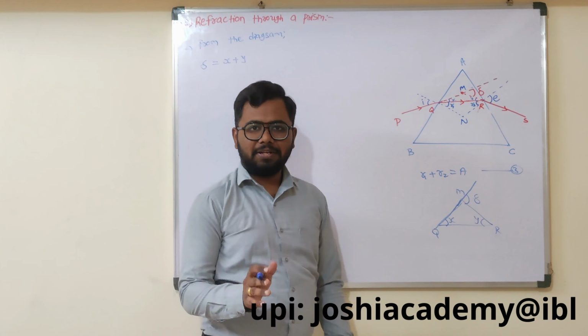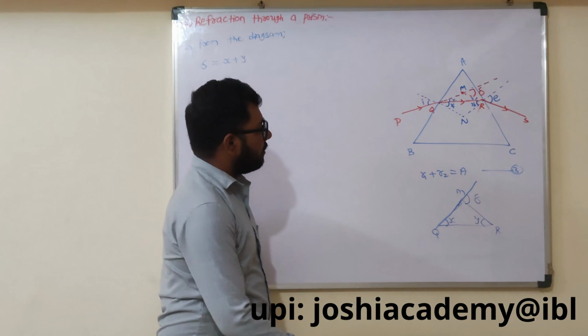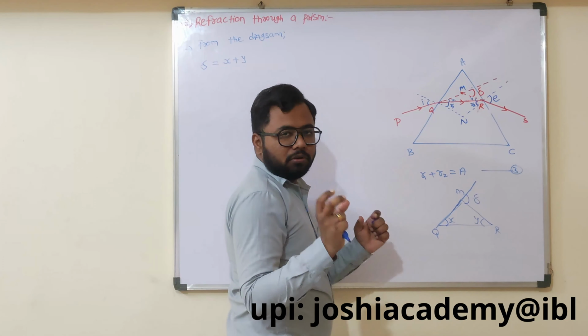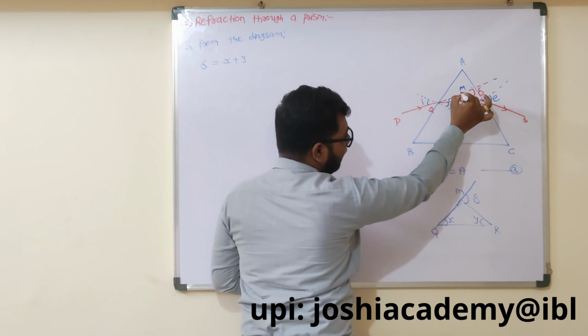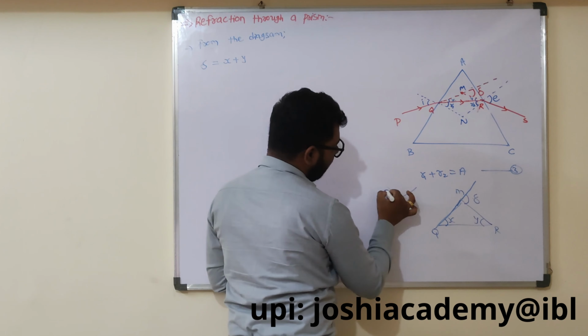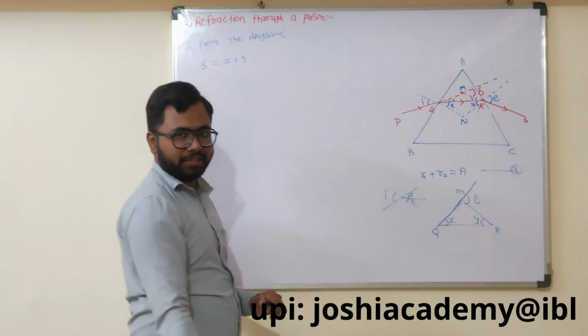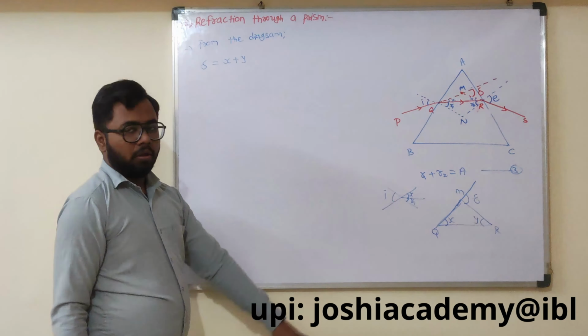But we don't have exactly what x and y are, so we first need to figure out the value of x and the value of y. If you observe it properly, we are getting the x over here. This angle is i, and it is divided into the two angles x and r1. So this x is nothing but the opposite angle. Clear?